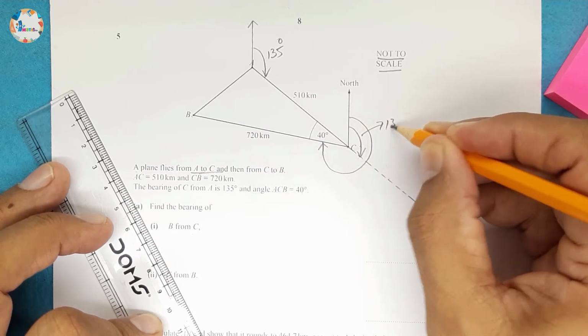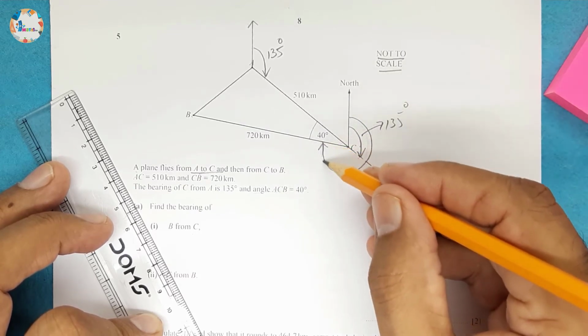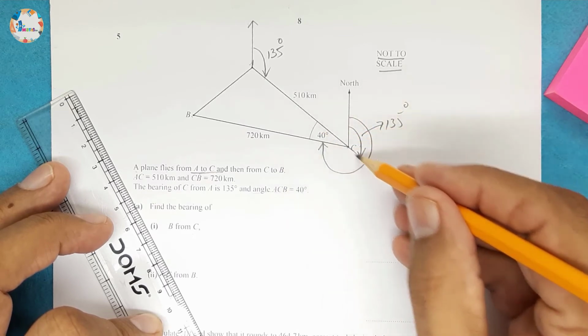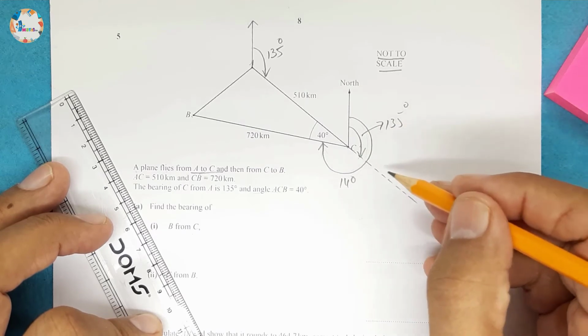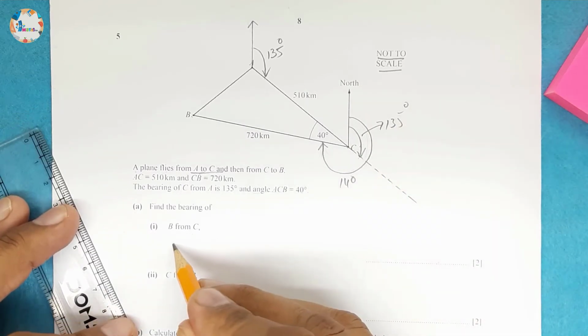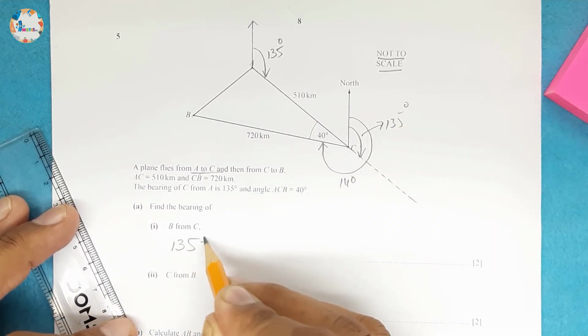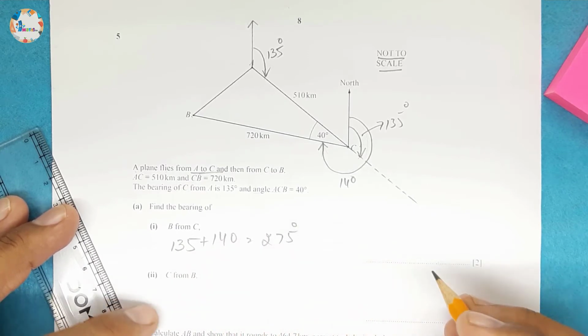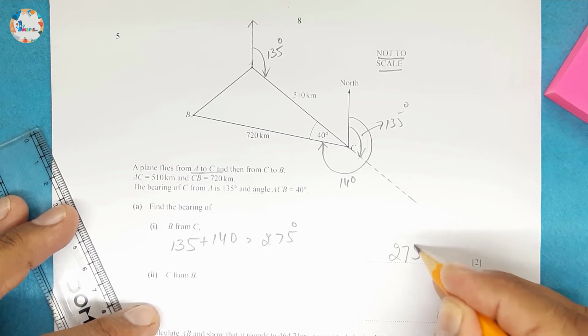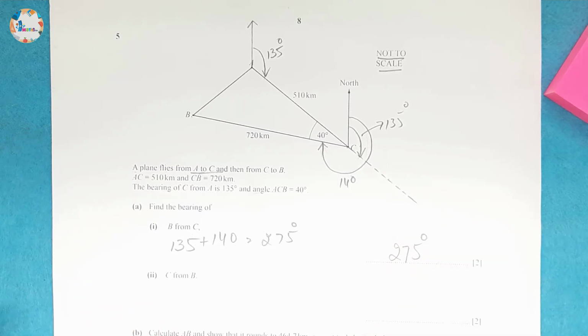And this angle is 180 minus 40, so this is 140. So 135 plus 140 is equal to 275 degrees, and our answer will be 275 degrees for this one.